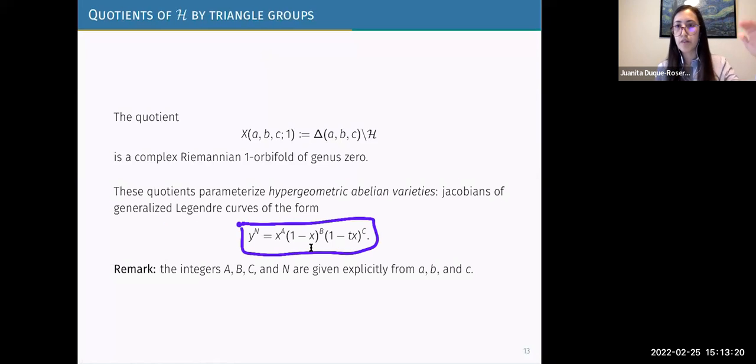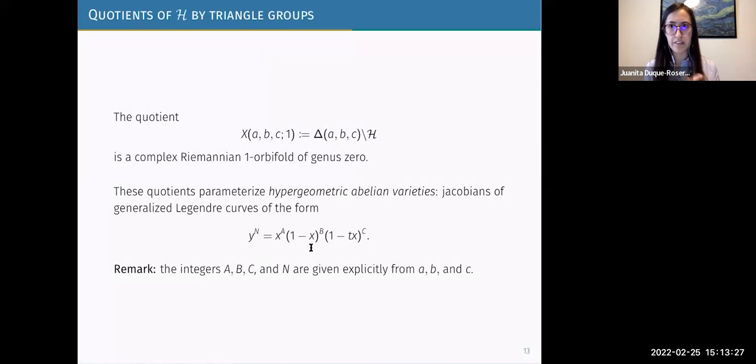So it's an upgrade, a generalization from elliptic curves. Now they look like this, and we are studying the Jacobians of these abelian varieties. Here ABC can be given explicitly in terms of little a, little b, and little c. So that's the analogy that we have with modular curves.